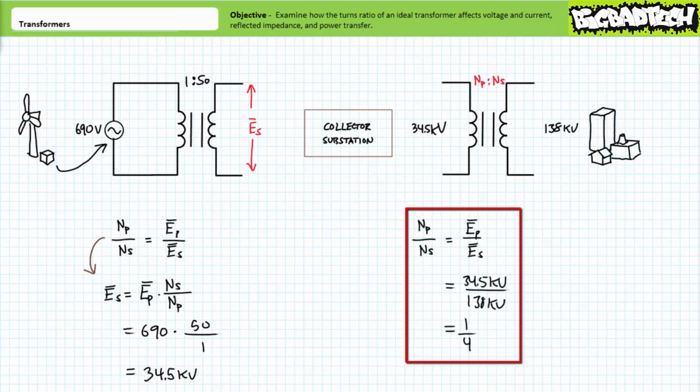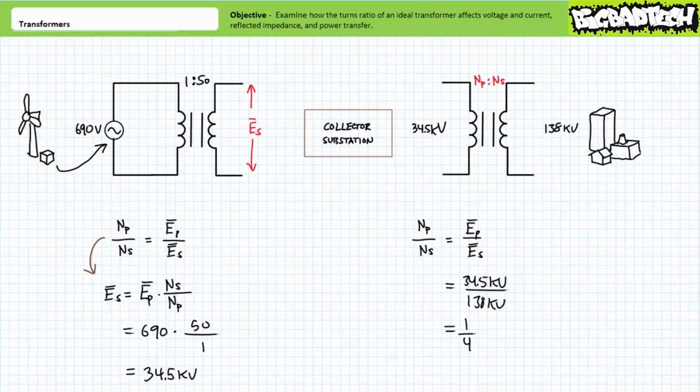Given 138 kilovolts is 4 times higher than 34.5 kilovolts, one might expect a 1 to 4 step-up transformer to fill the needs. Again, it makes sense. Note the turns ratio is 1 to 4, correctly indicating that it is a step-up transformer and not a 4 to 1, incorrectly implying that this is a step-down transformer.